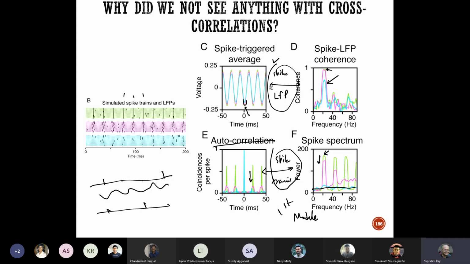But if you had access to the LFP, which is this common rhythmic cycle present, you would see that spikes are occurring occasionally at the trough of the LFP. There are also lots of spikes that are not occurring at the trough, but some spikes do occur, which can be captured in the spike field coherence, as done here.